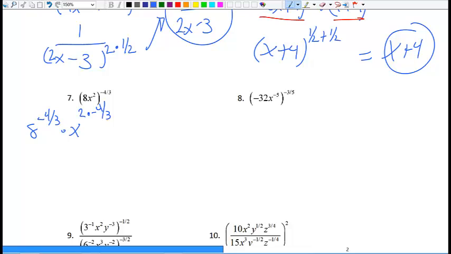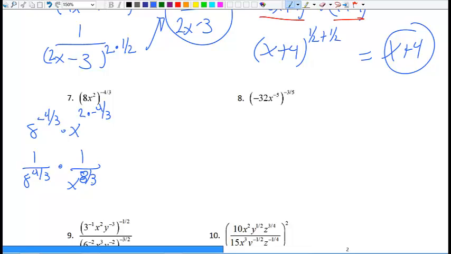Okay, well, how do we get rid of the negative? We bring that down to the denominator. So now we're looking at 1 over 8 to the 4/3 times 1 over x to the 8/3.